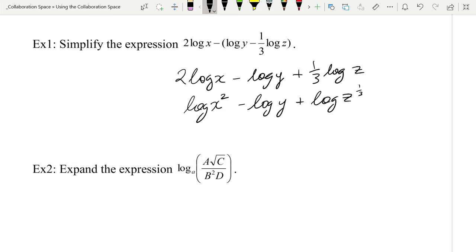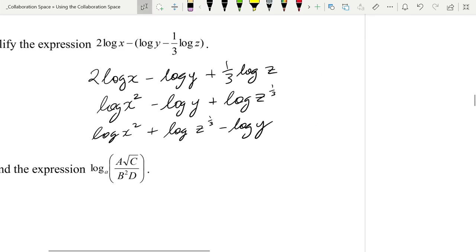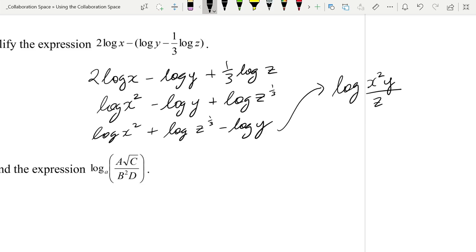I don't think if I was doing my homework I'd bother writing this down, but I'm just going to rearrange it. And why did I do that? I'm kind of out of room here, so I'm just going to go that way. So that I could change this to log of x squared y over z to the 1/3.